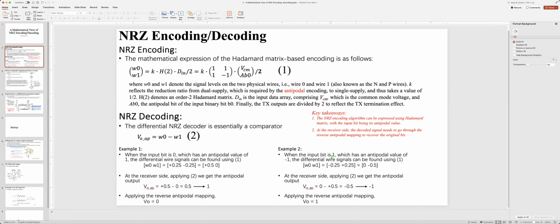Now let's change the input bit to 1 to verify if everything's still all right. We will have -1 here, right? It's an antipodal value, and we do the math.